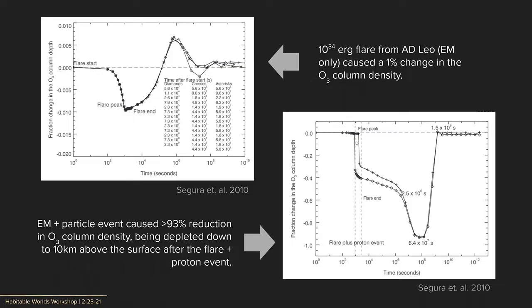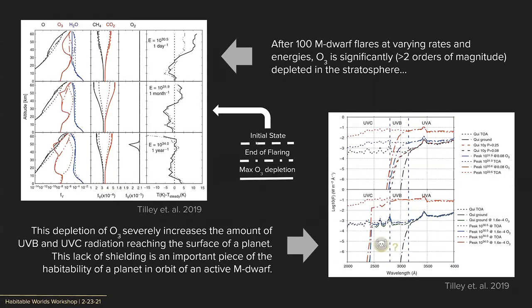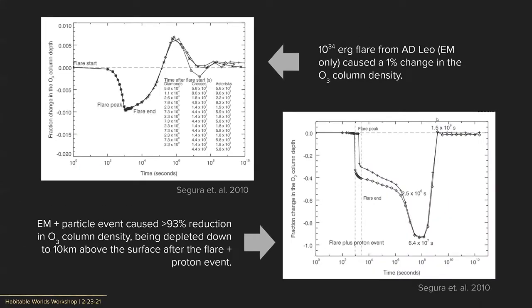So at maximum ozone depletion, which happens a little over 3 Earth years after the flare and proton event, we basically see a 93% reduction in the ozone column of this atmosphere, which probably is not a great environment for life to exist in, but we'll talk more about that next slide.